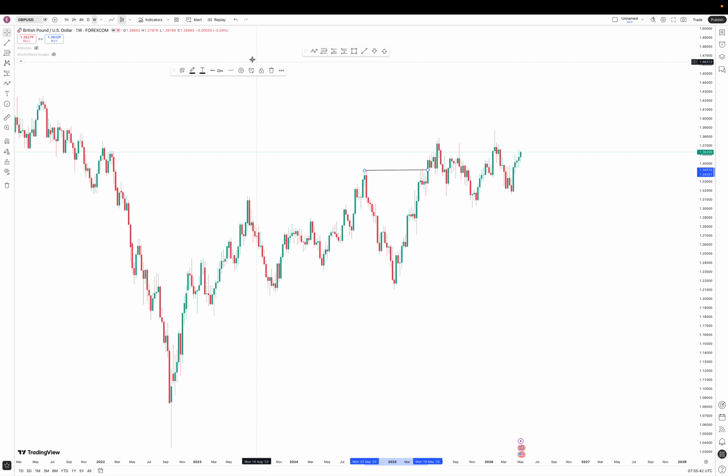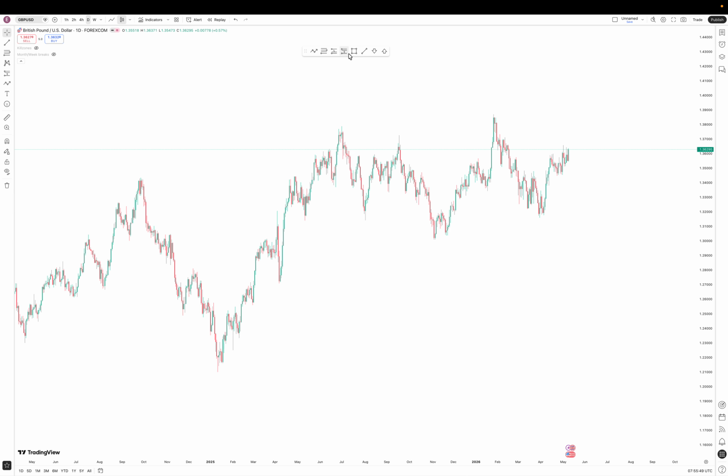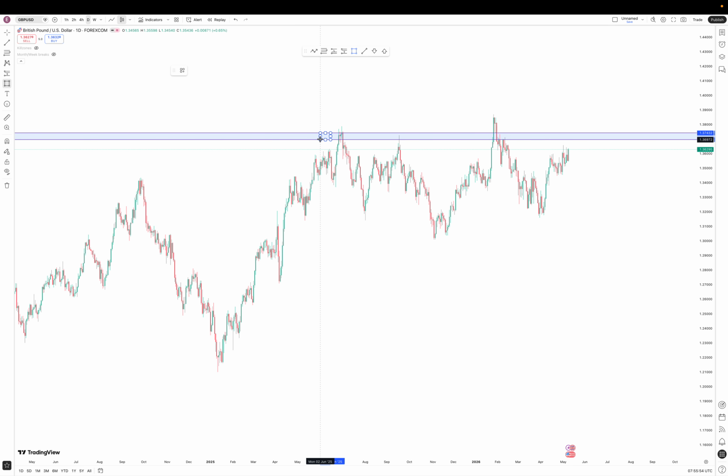We just have to go to the daily time frame to mark our zones. But don't forget, guys, we are still on a range bound at this zone. Very, very important. You take note of that.